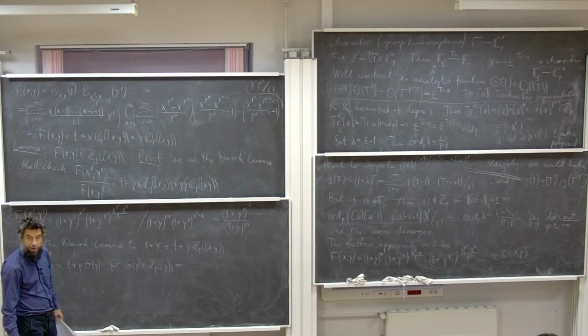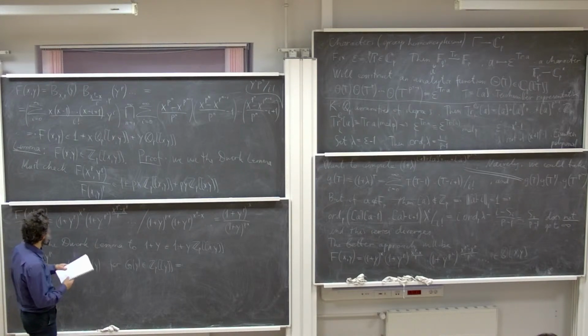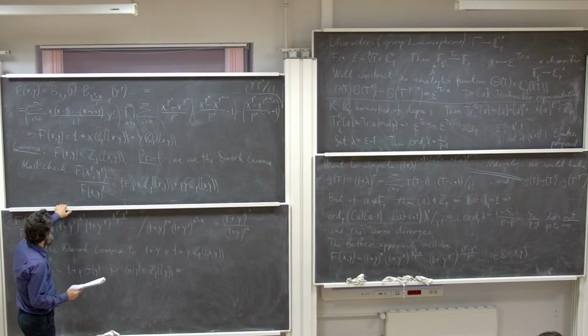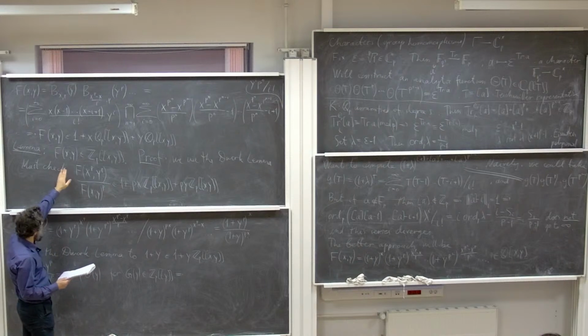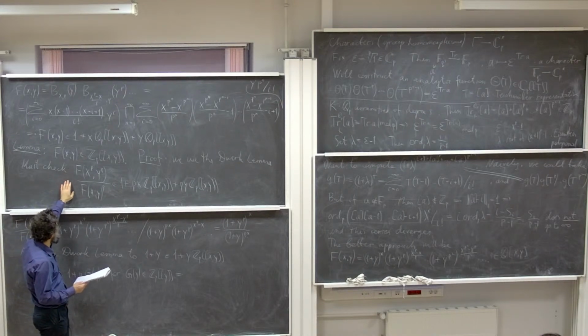What is Dwork's lemma? The Dwork lemma says that, well, maybe we formulate it for one variable, but it is the same for any number of variables.